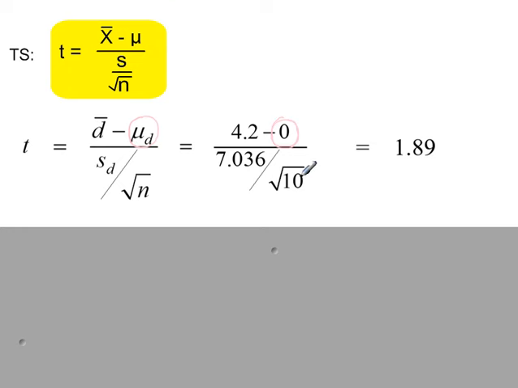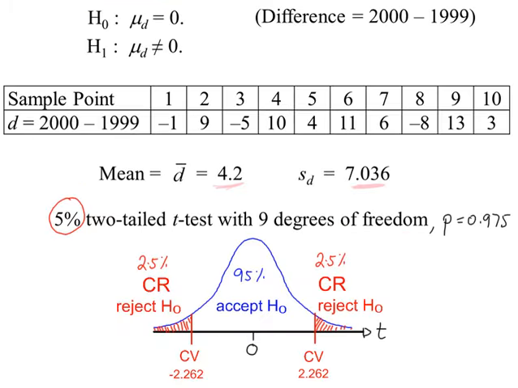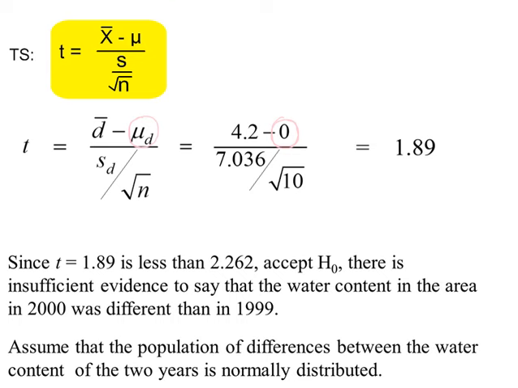N, our sample size, is 10. So 1.89 is in the acceptance region. It's less than 2.262. We're going to accept H0. And our conclusion in context.